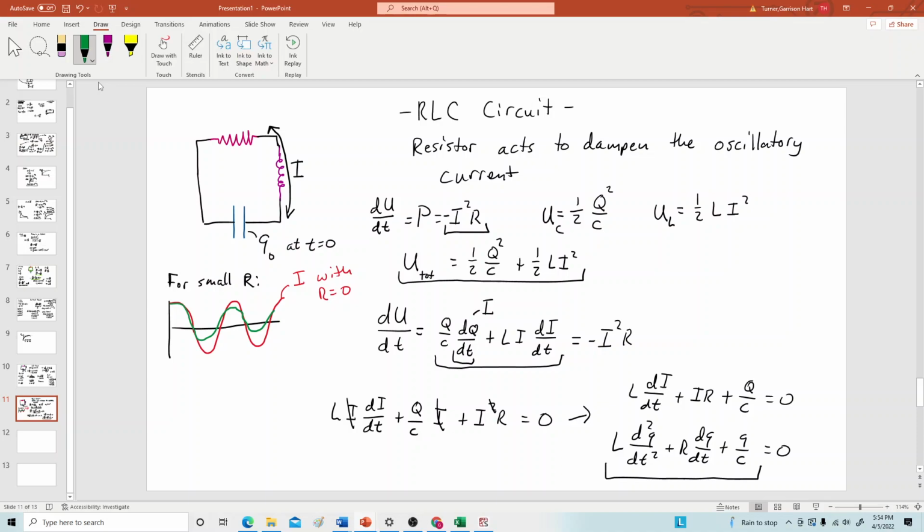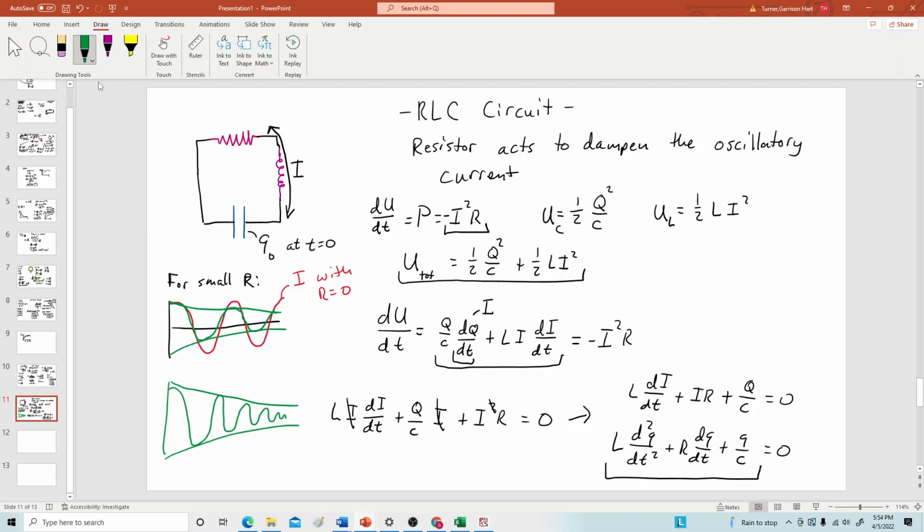So my current would get damped and it would decrease on both sides of the axis. Okay, I don't know how clear that drawing is, but the current for small r is going to do this. That's the overall idea, and it'll be bounded by these curves.